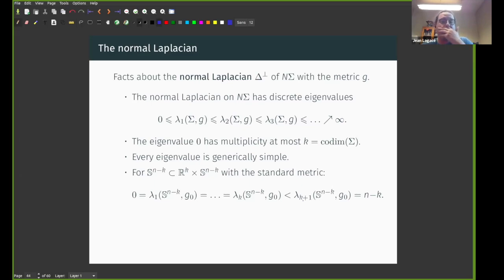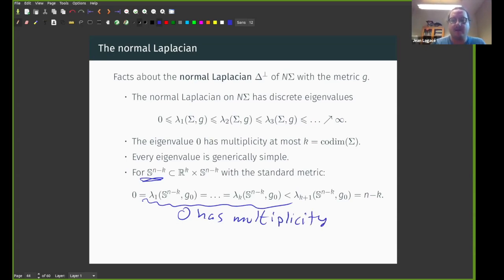But if you take the round sphere, so here in Rk cross S^(n-k) with the standard metric, then this time 0 has multiplicity k, and the next eigenvalue is equal to n minus k. So you have a very clear separation between the first k zero eigenvalues and the (k+1)-th eigenvalue.